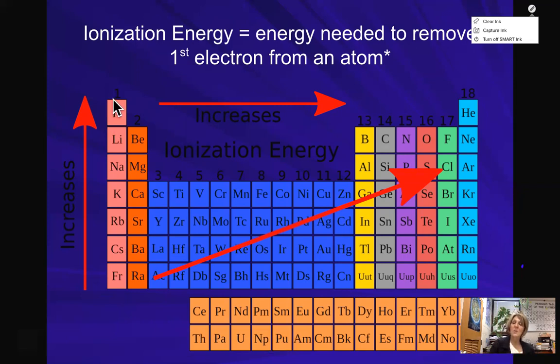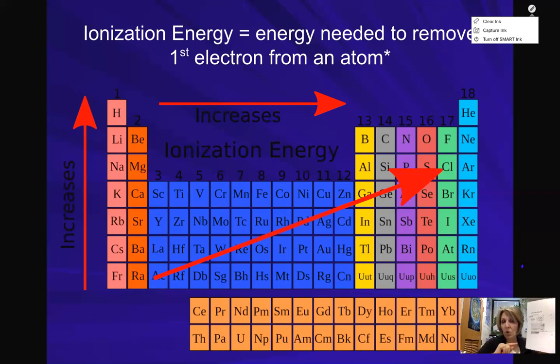So it is going to be the easiest, the lowest ionization energy is our francium, and the highest ionization energy is our fluorine. So I hope that will remind you how to draw the ionization energy arrows without trying to memorize them, okay? But they are actually, the ionization energy periodic trends are opposite of the atomic radius.